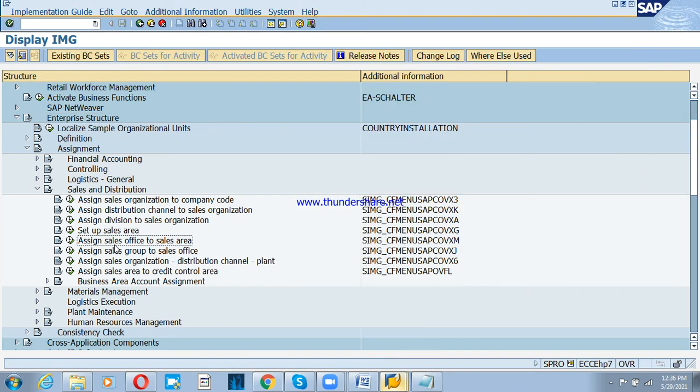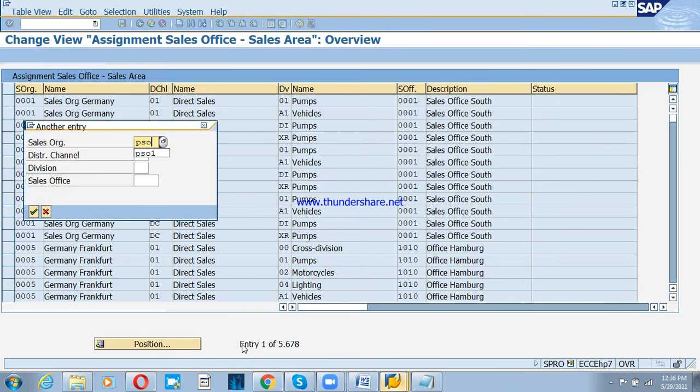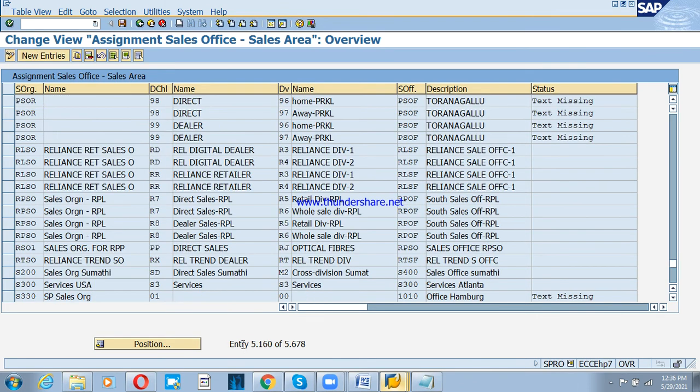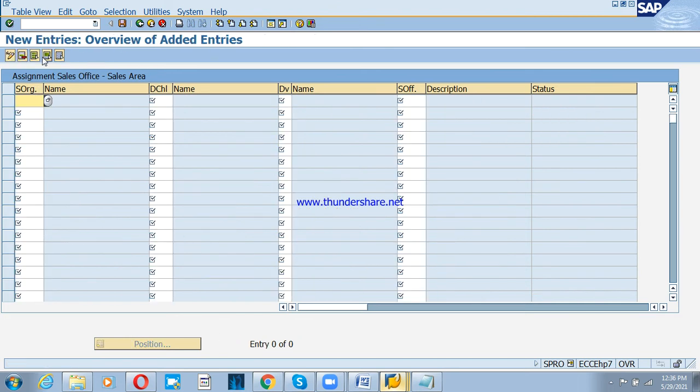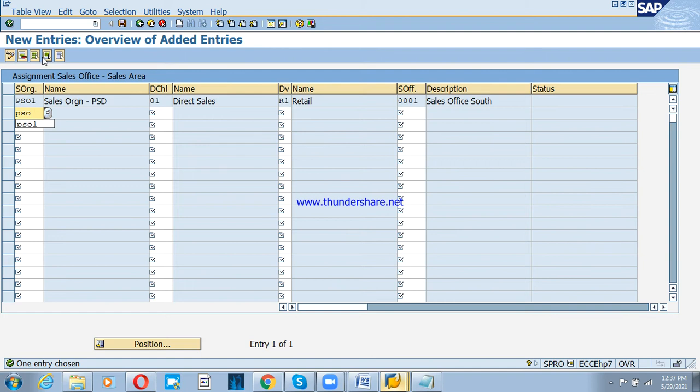Sales area. Okay, this is not done, sales office to sales area. That's the reason we are getting the error. Okay, click on new entry. Yes, 01, distribution channel 1.